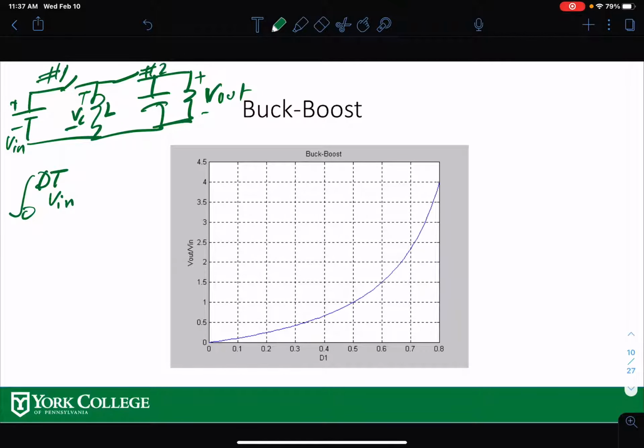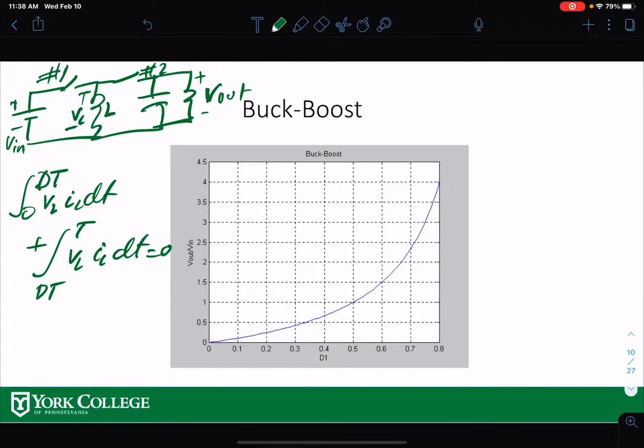Let me go back and use the actual equation: the integral of VL IL dt. When switch 2 is on and switch 1 is off, it runs from DT to T. Again, the integral of VL IL dt should be equal to 0. The total energy across the inductor should be 0 over the period.